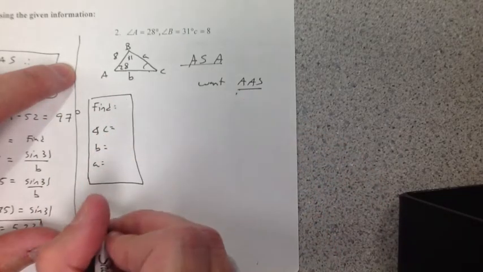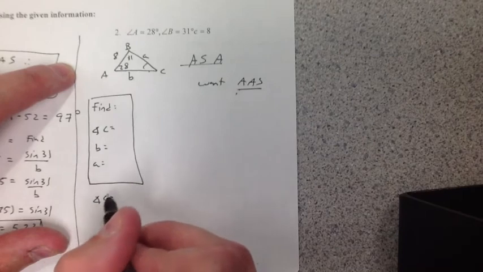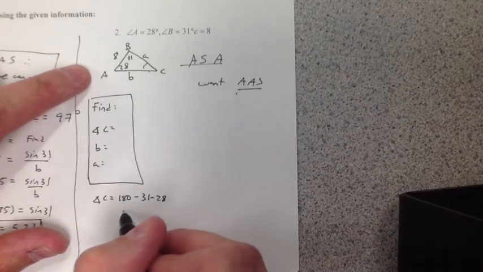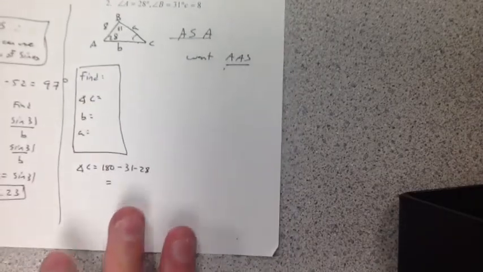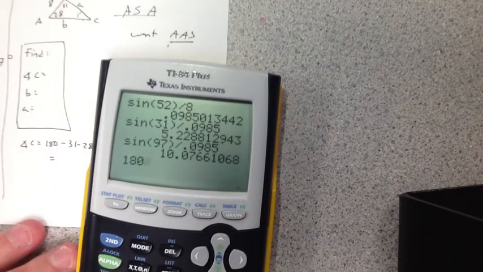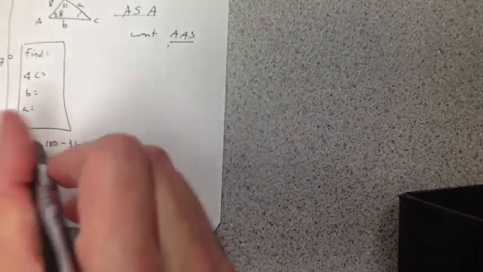So to get angle C, I'll start down here. Very easy. It's 180 minus 31 minus 28. And if I type all of this in the calculator, ready? 180 minus 31 minus 28, we get 121 degrees.